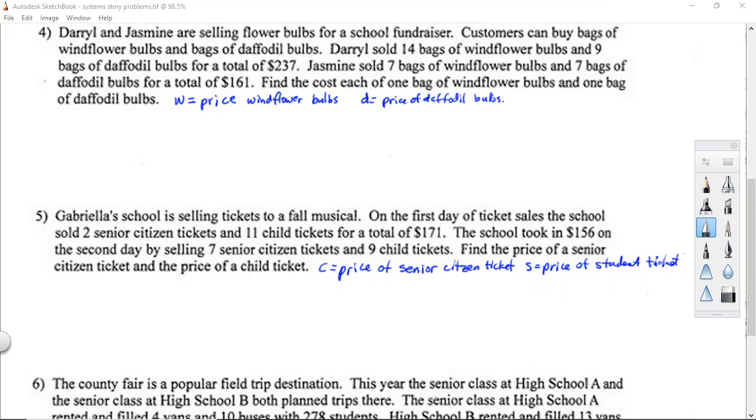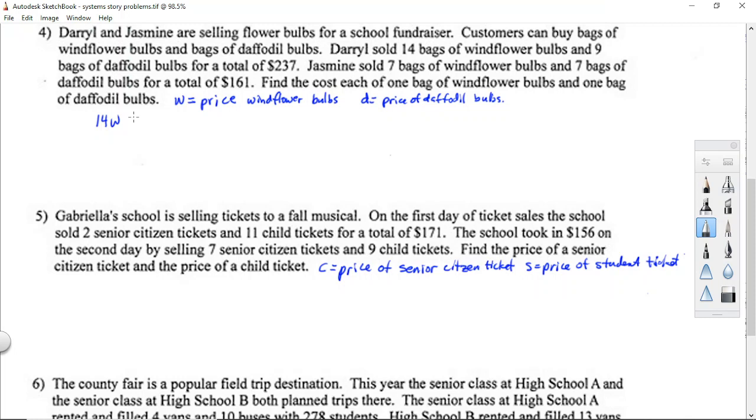Okay, it tells us he sold 14 bags of windflower bulbs and 9 bags of daffodil bulbs for a total of $237. So each bag of the windflower bulbs costs W, right? That's the price for those. And he sold 14 bags, so 14W is how much he got out of selling those.